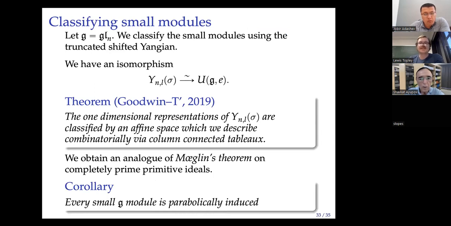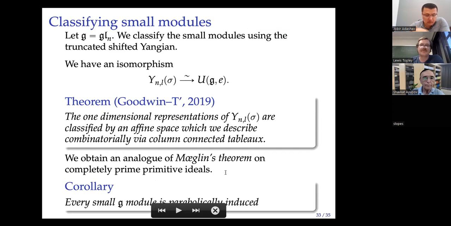And so we use this to classify the small modules for GL_N using this truncated shifted Yangian. So we gave a very precise description of the one-dimensional reps for this truncated shifted Yangian in positive characteristic. And they were described combinatorially by column-connected tableaux.